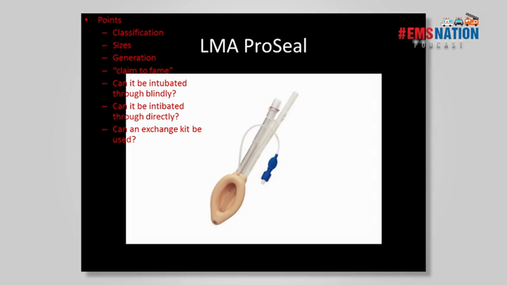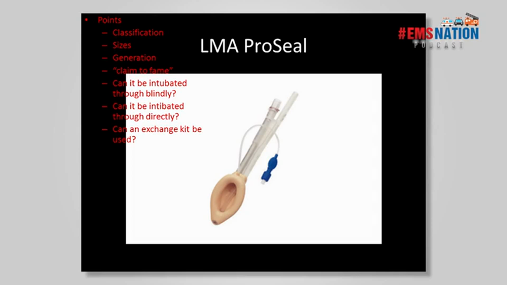So after the original LMA had garnered some acceptance, Archie redesigned it with a couple of specific features, and that came out and was termed the LMA ProSeal because the seal was better. Okay, so the boat is a little bit longer. Okay, it has a built-in drain. The back wall is really where most of the difference is.